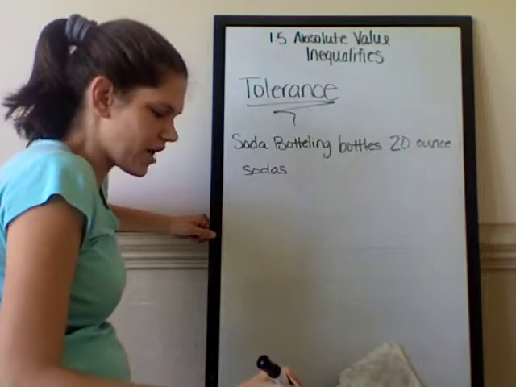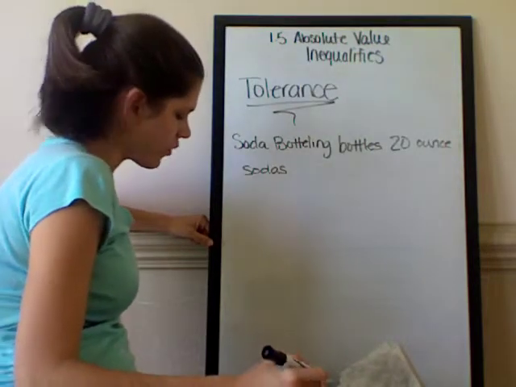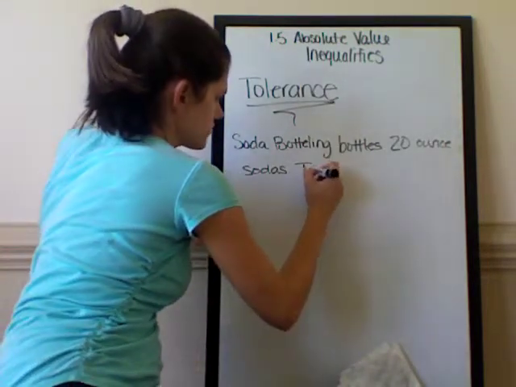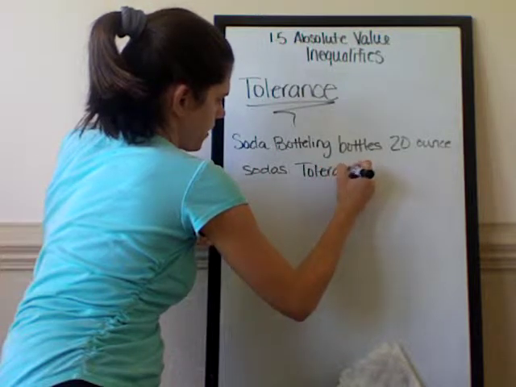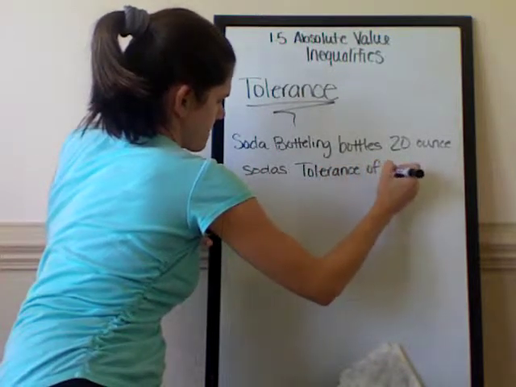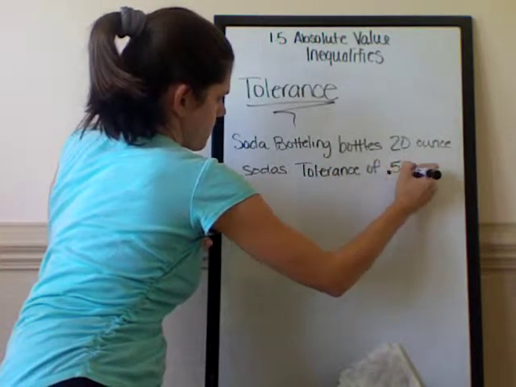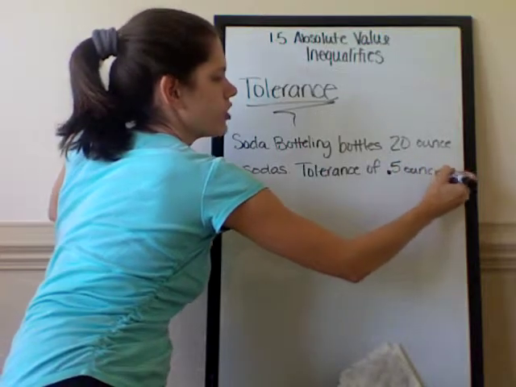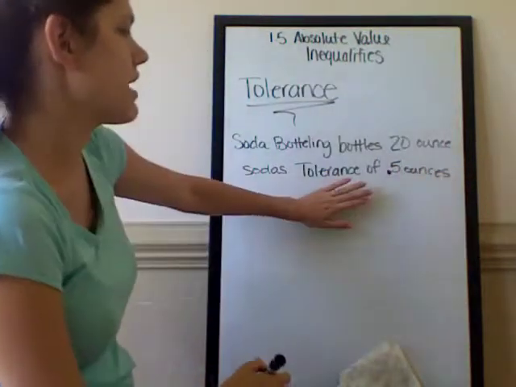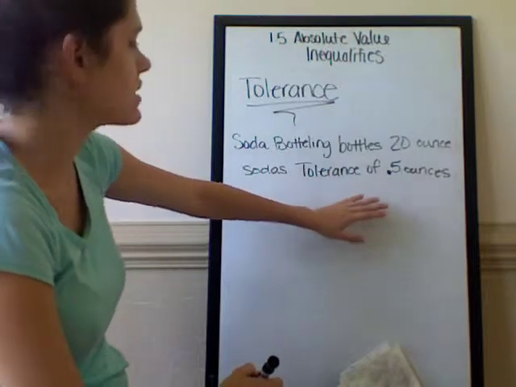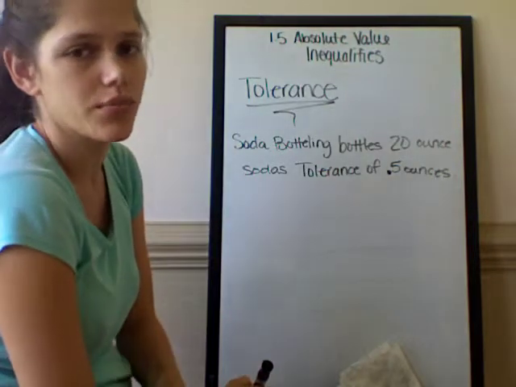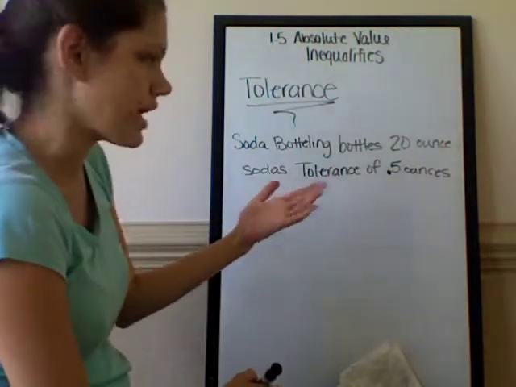Okay, the company has a tolerance of 0.5 ounces. Hopefully you know what this means. That means that that bottle can contain plus or minus 0.5 ounces from the 20 ounces.